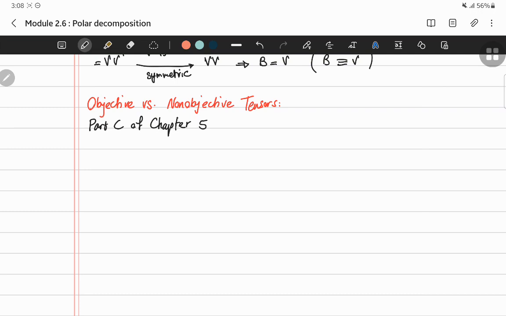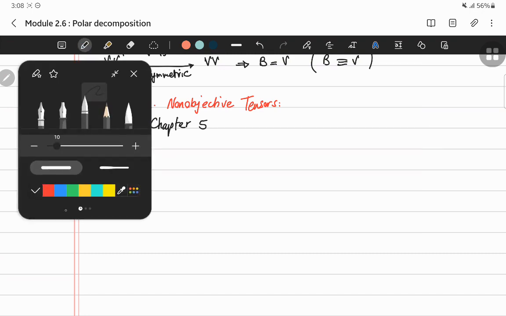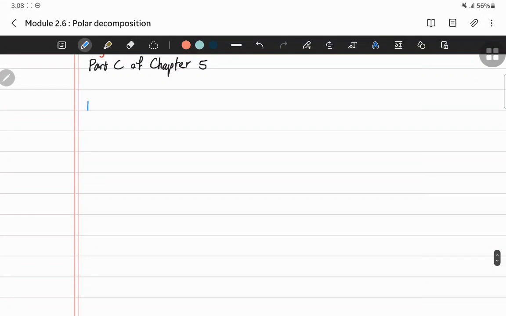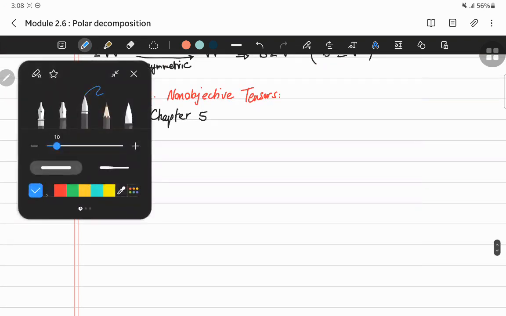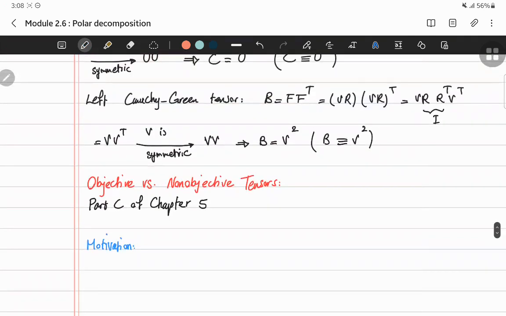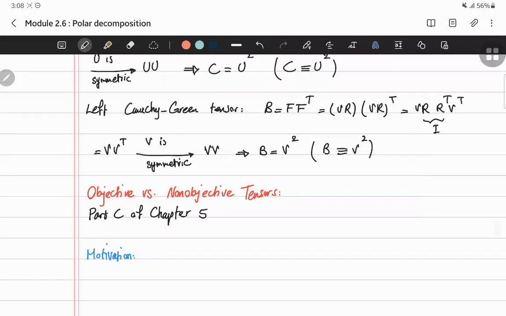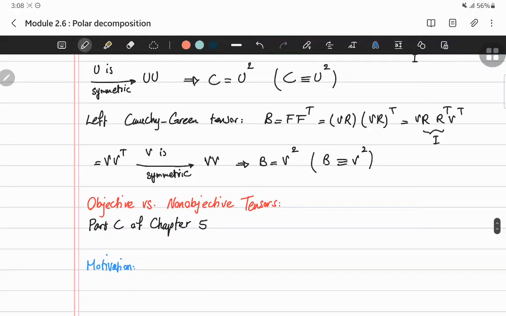All right. So here I start with a motivation. Why do we need to have objective or non-objective tensors, and why would we like to use, for example, the B tensor, the left Cauchy-Green tensor, instead of C?